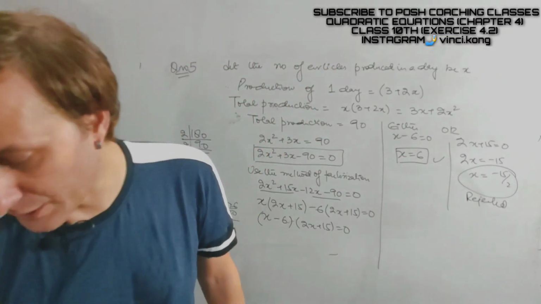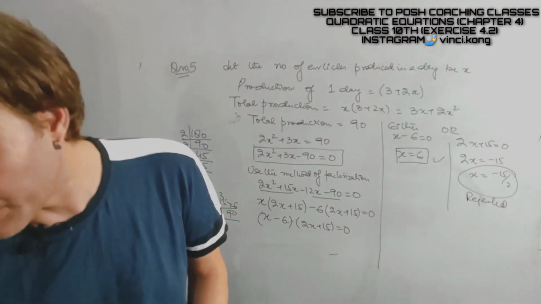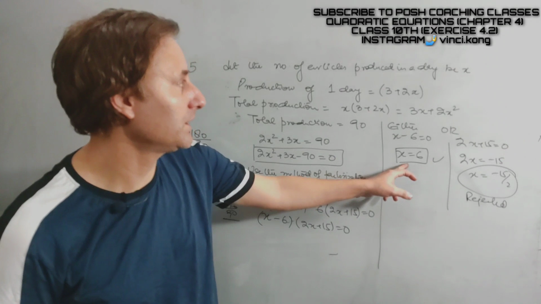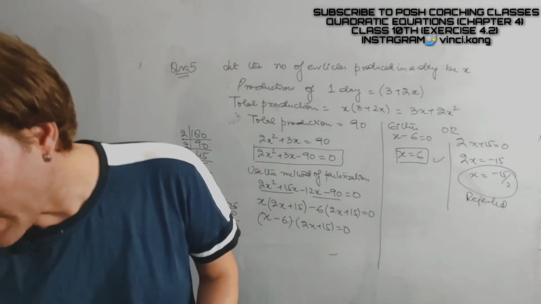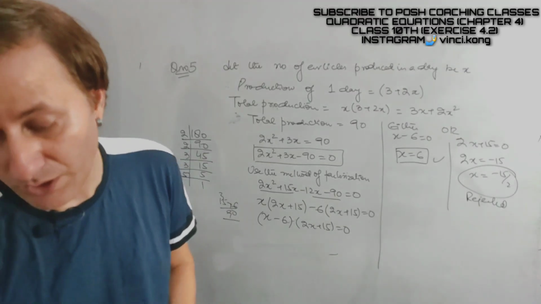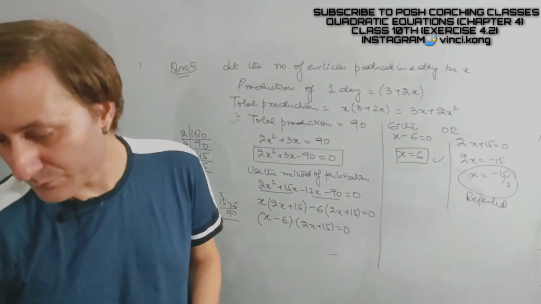Now one more thing it was asking: find the number of articles produced. So articles produced in a day is 6, and then it says the cost of each article. That's also important, we have to tell.